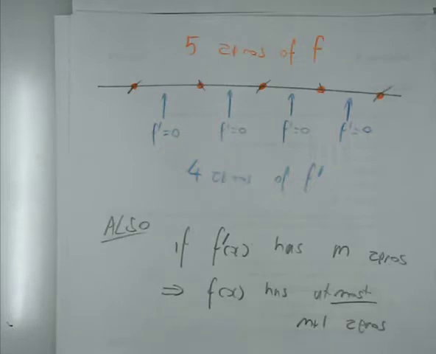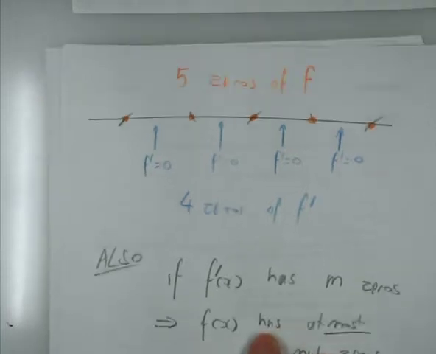Rolle's theorem says that if you have a certain number of zeros in the derivative, then you can't have any more in the original function, or there would be more in the derivative. So every zero of the original function that you add adds a zero to the derivative as well.